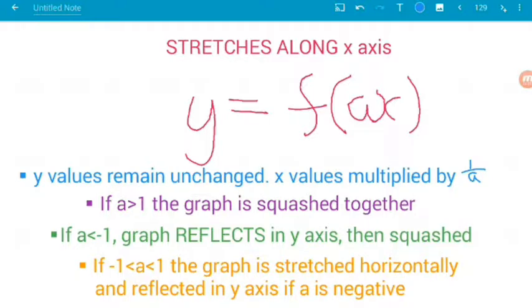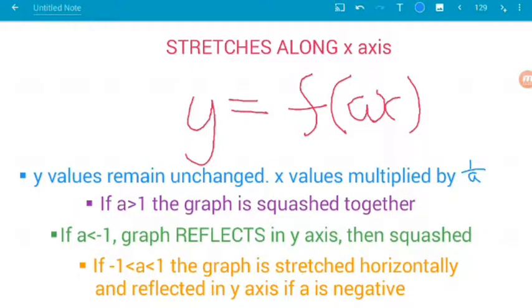So the next rule then: if a is less than minus 1, so a is negative, then the graph gets reflected in the y-axis and then squashed together with a scale factor of 1 over a, or you can think of it in full as the x values getting multiplied by minus 1 over a.